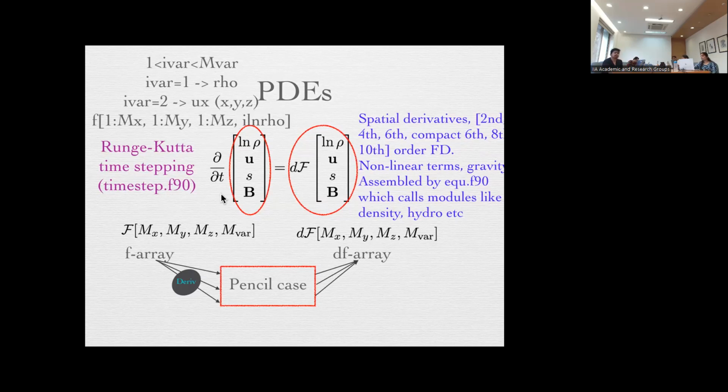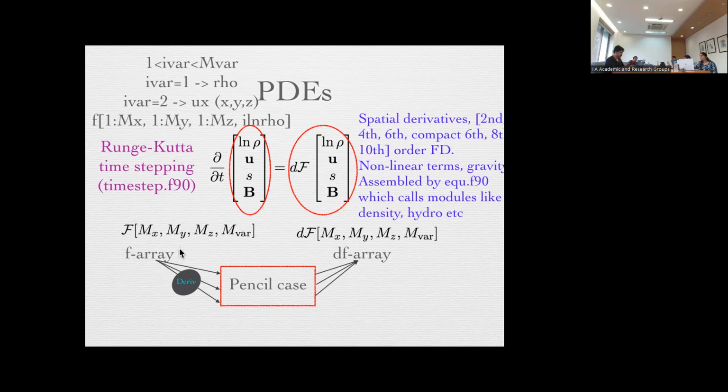I have just written it down in a very simple way. On the left-hand side, you have d by dt of ln rho, velocity, S is entropy, and the magnetic field. And on the right-hand side, you have the df array, which is again a function of these variables. And we are, of course, using the Runge-Kutta time stepping scheme that has already been covered by Naveen.